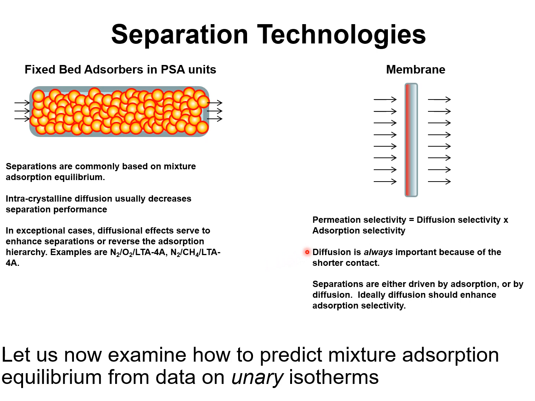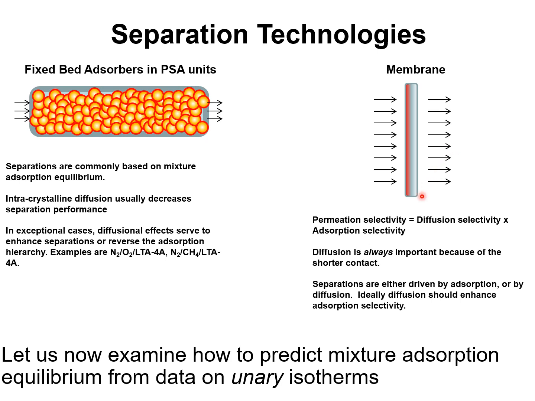In another kind of technology, we use the microporous crystalline adsorbents in the form of thin layers, typically of thickness of about 50 micrometers, and the mixture separation is effected by permeating the mixture across the membrane.